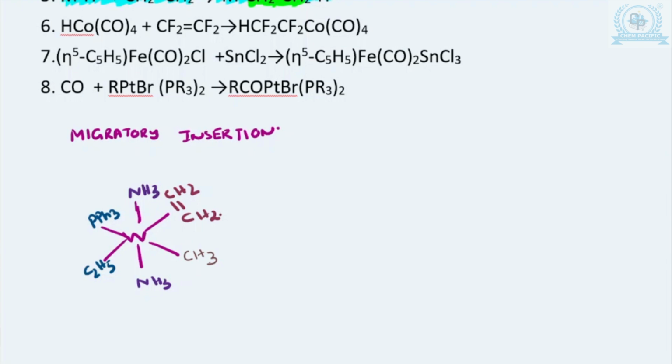Okay, now this will get inserted, and we will find out that this is the migratory ligand. This is very important, students. Okay, so this is the migratory ligand.